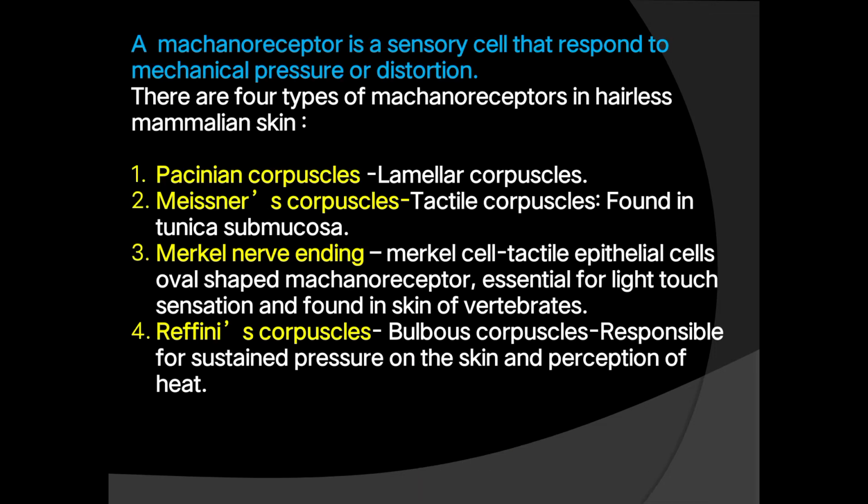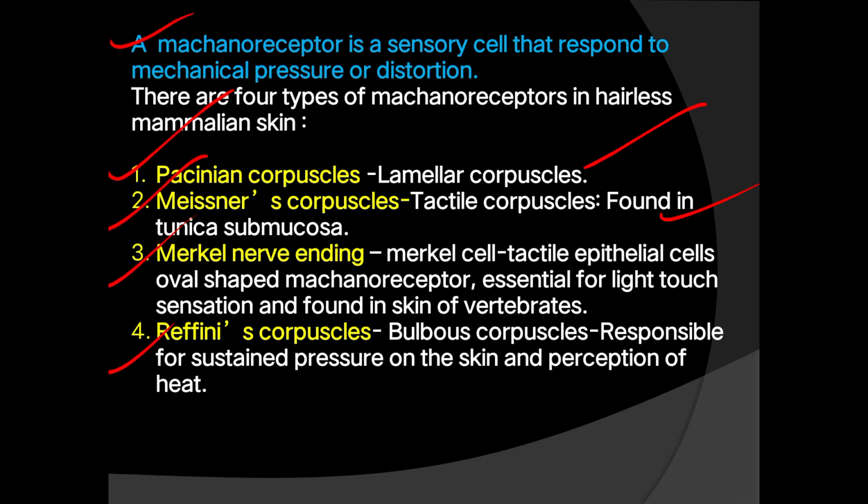Next are the mechanoreceptors. A mechanoreceptor is a sensory cell that responds to mechanical pressure or distortion. There are four types of mechanoreceptors in hairless mammalian skin: Pacinian, Meissner's, Merkel nerve endings, and Ruffini capsules. Pacinian capsules are lamellar capsules, which we have discussed in another classification, and the Meissner capsule is a tactile receptor.